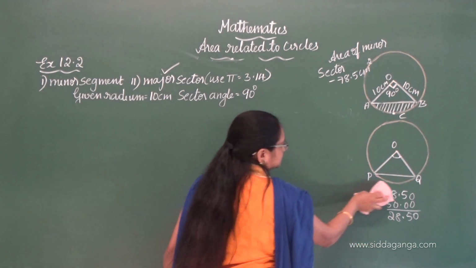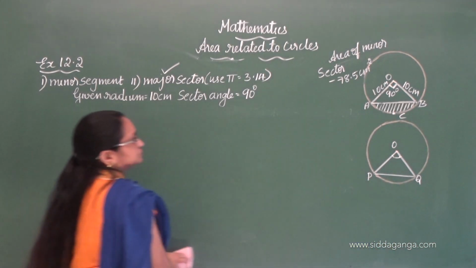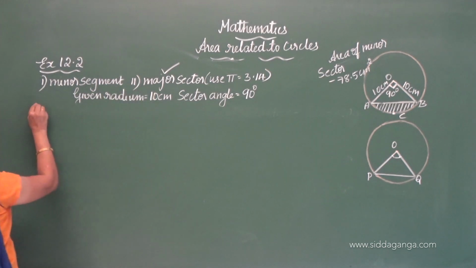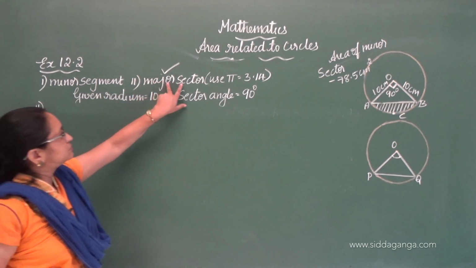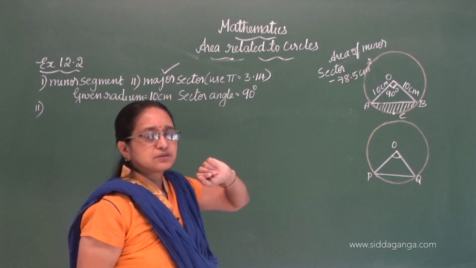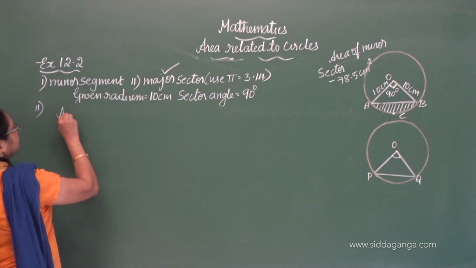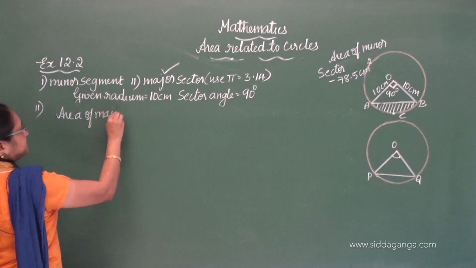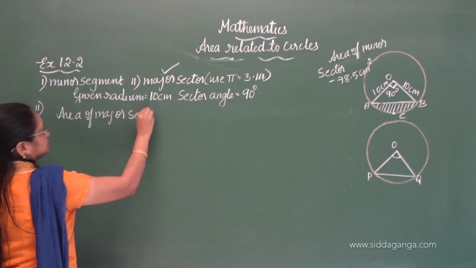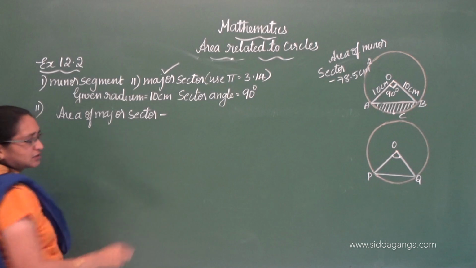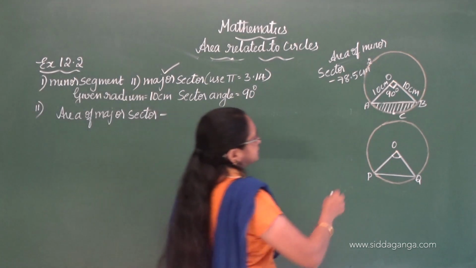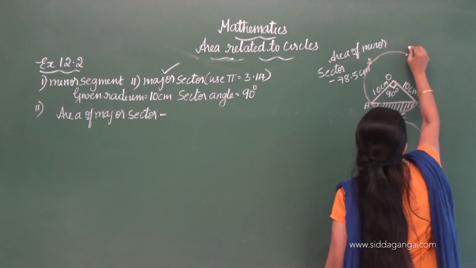See now, next, the second one, major sector. I hope you understood. So how do we find the area of the major sector? Area of major sector. See here, major sector, I will write one D here.